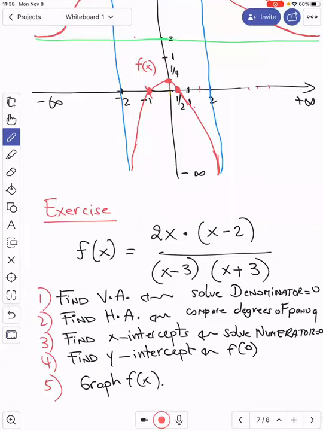So probably next time we'll have more examples, guys, because in my two examples and also this exercise, the degree of P and Q is the same, right?